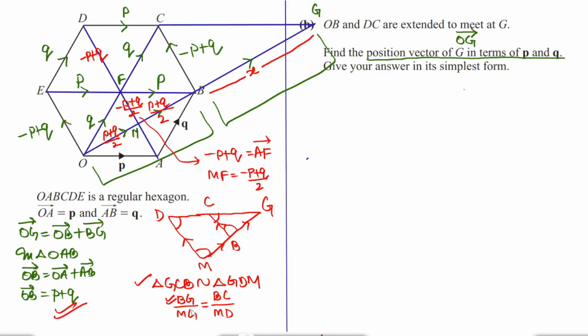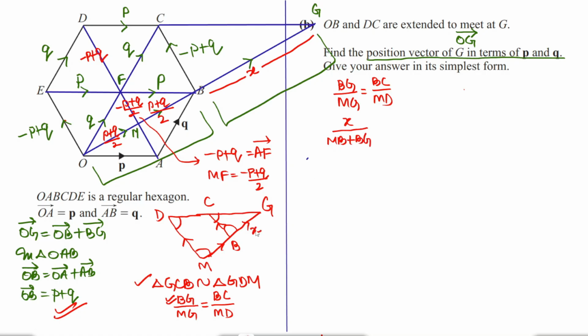Okay, so now we'll plug in the values which we have already found and try to find the length of BG. So I'll take again BG over MG equals BC over MD. What is BG? BG is X. What is MG? MG is MB plus BG. You have to be with the diagram.